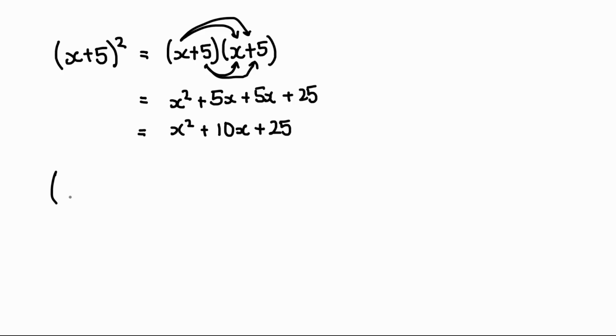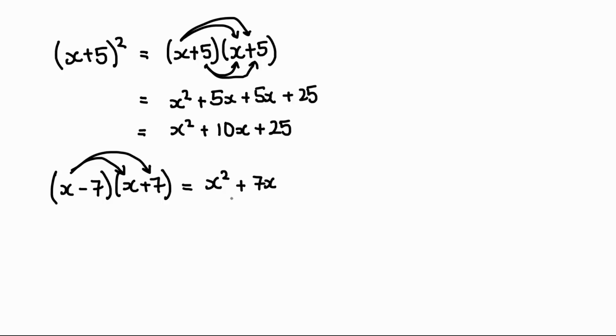The last example is x minus 7 multiplied by x plus 7. And the way we do this is x times x, x squared, x times 7, so that's plus 7x, and now it's minus 7 times x, minus 7x, and negative 7 times positive 7, so you get minus 49.